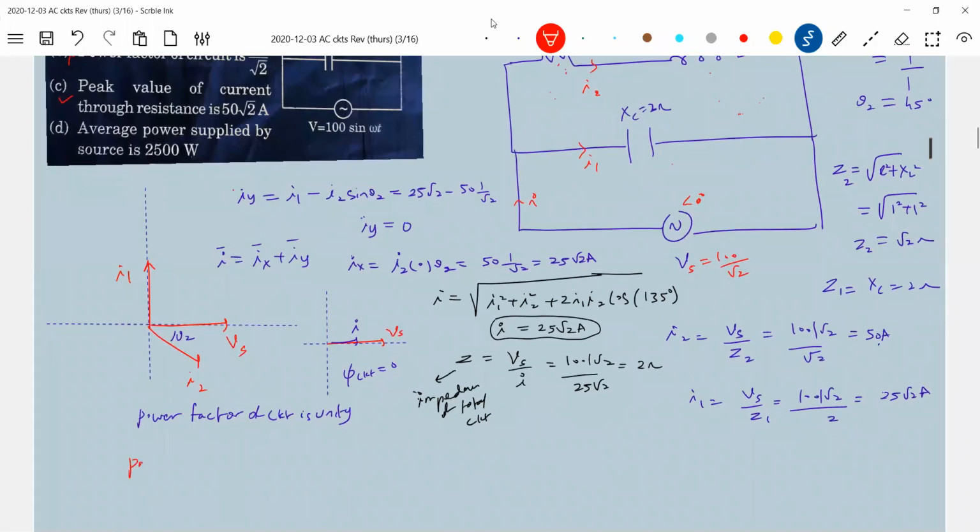So for average power, what is the total current I? 25 root 2. So I get 2500 watt. This is nothing but the average power supplied by the source.